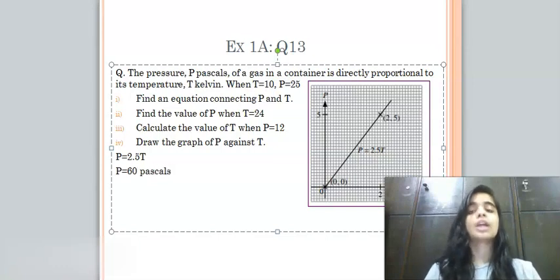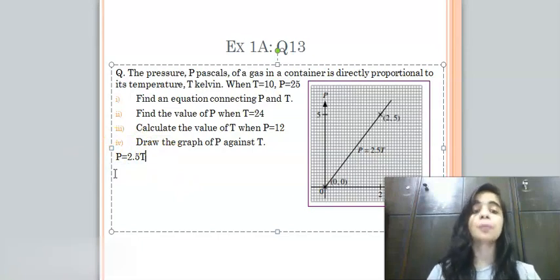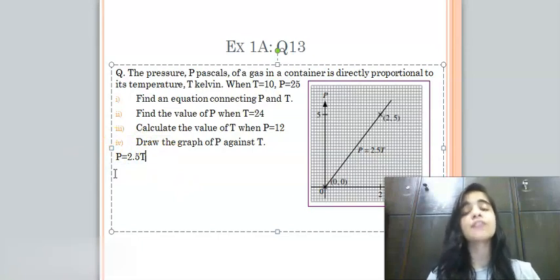Okay. Now part 3 says, calculate the value of T when P is equal to 12. So this time we have the value of P. We have the pressure, that is 12 pascals, and we need the value of T. So we will put 12 in place of P, and then we have 12 is equal to 2.5 T. Now, young learners, what are we supposed to do?